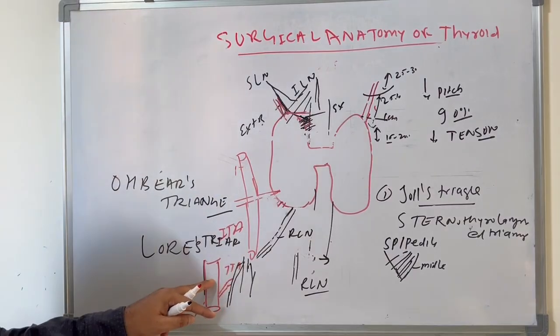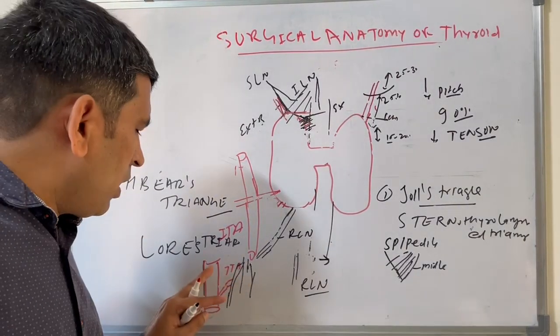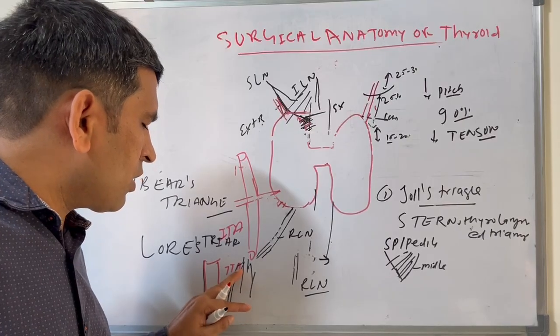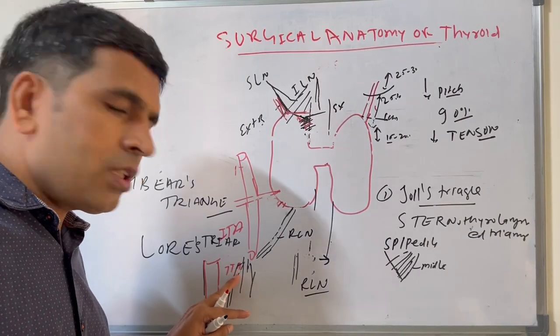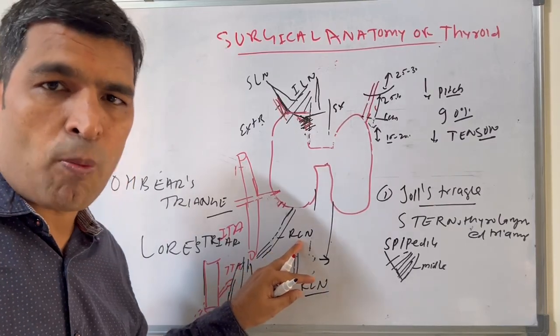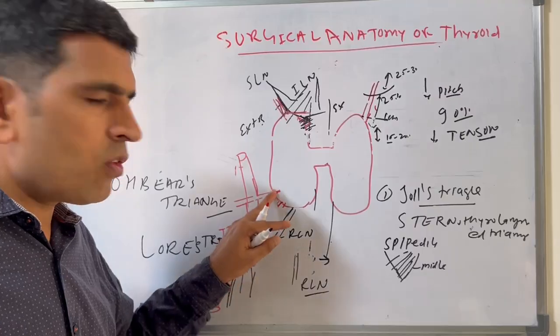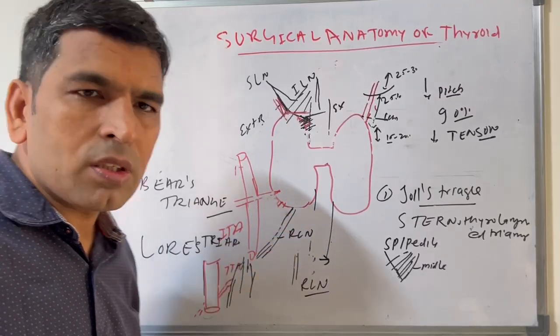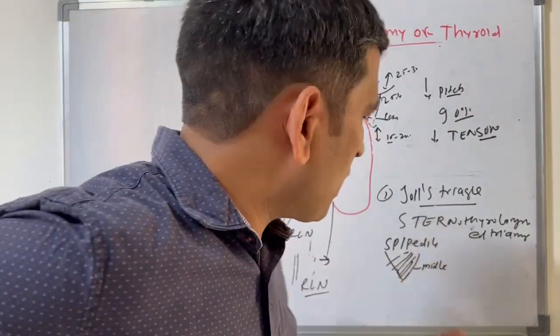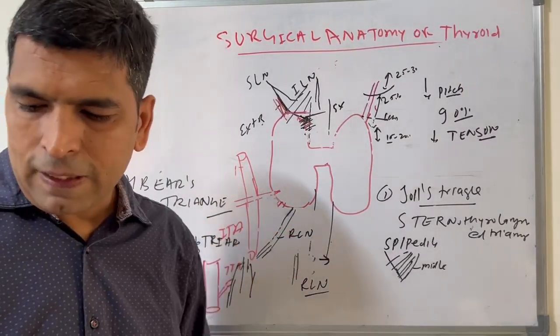So in between inferior thyroid artery, midline and common carotid, you can trace this nerve. So it is easy and you could not damage this recurrent nerve because it's not forming any boundary. So between trachea, common carotid and inferior thyroid artery, you can trace this nerve from the suprasternal level. So this is called Lowry's triangle.